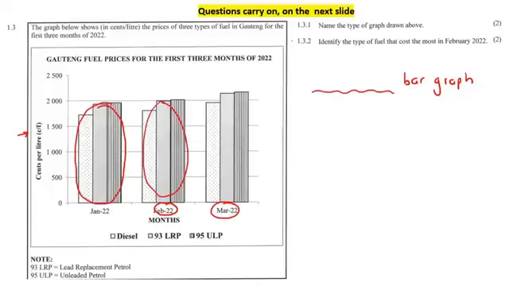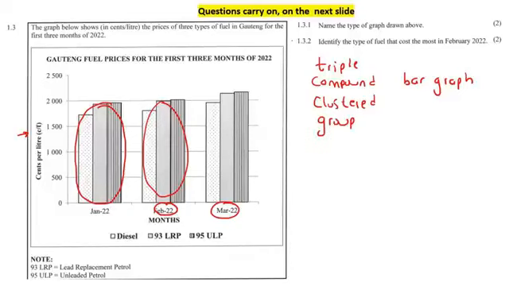You could add the word compound. You could add the word triple, because there's 3 of them in each thing. Some other words that you could use would be clustered, or the word grouped, for example. So you could choose one of those and then just say bar graph.